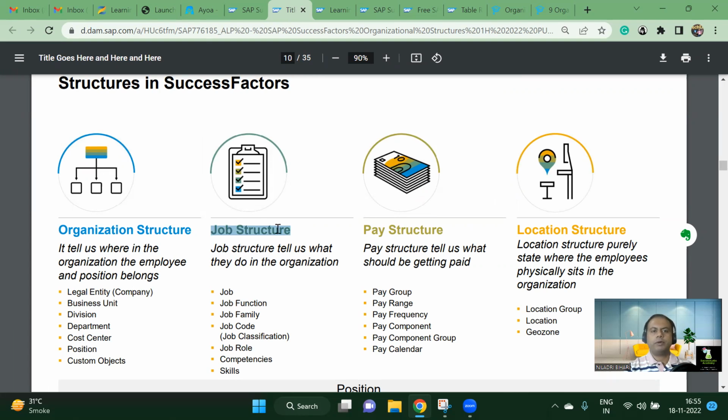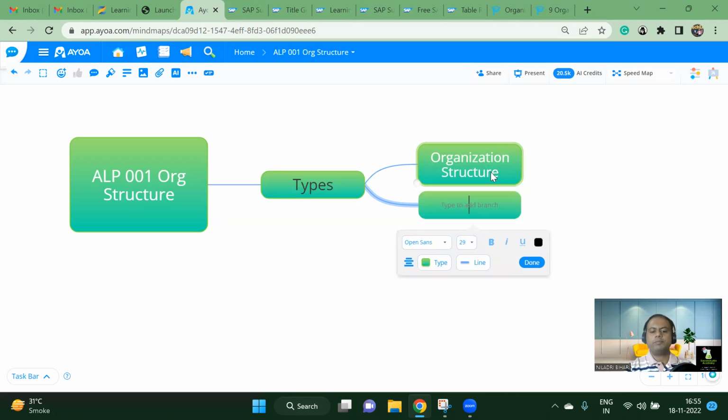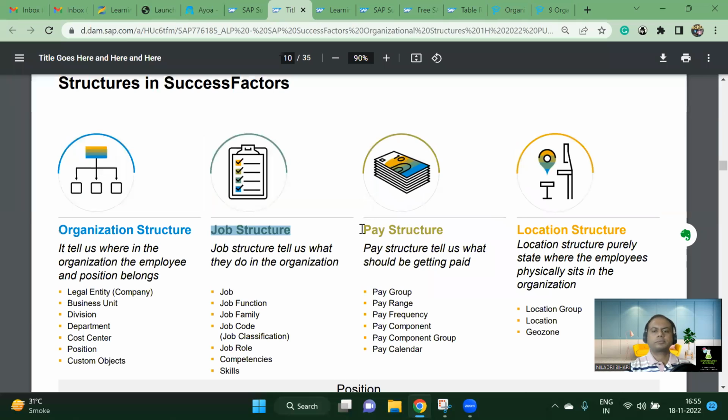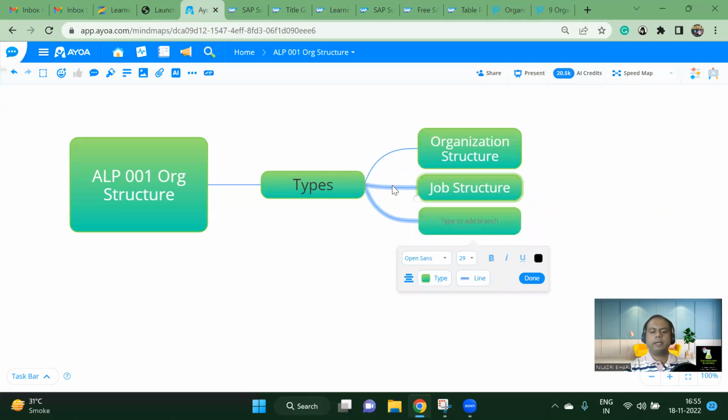So my typical way of understanding, once we do the mind map, it will definitely be easy for you to understand all this stuff. Job structure. Then we do have pay structure.